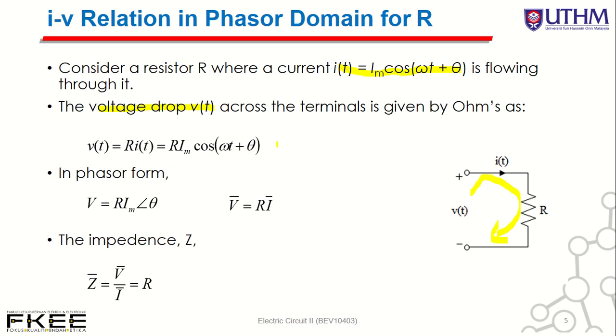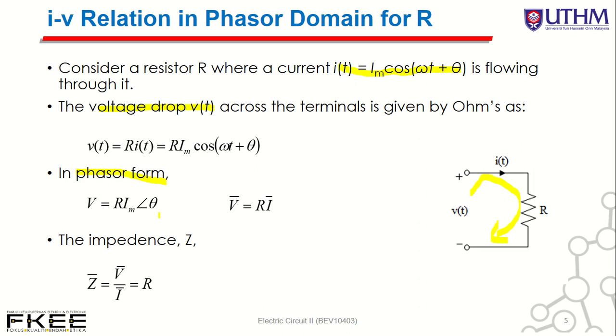This is in the time domain. So how do we write v(t) in phasor form? In phasor form we write, making sure it is a capital V, V equals R Im angle theta. In other words, V equals R times I, where I equals Im angle theta.